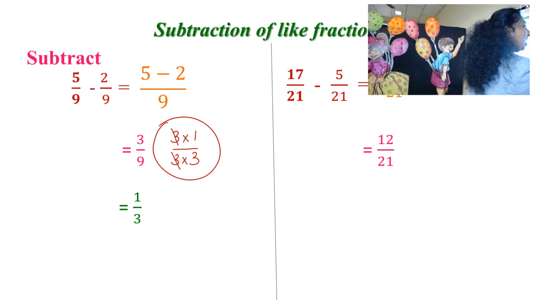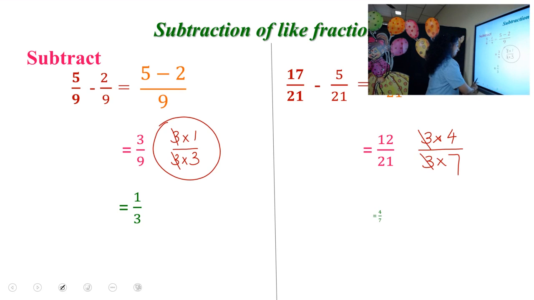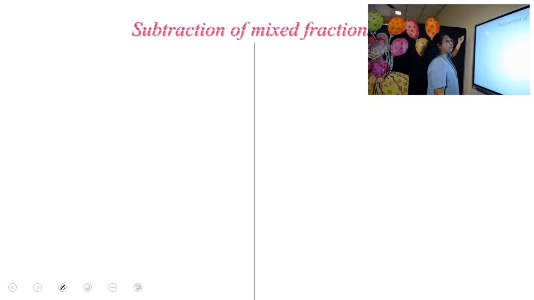How can we write? 3 into 4 is 12 by 3 into 7 is 21. Common factor is 3. Cancel them. So what is our answer? 4 by 7. Hope it's clear. Next, subtraction of mixed fractions.